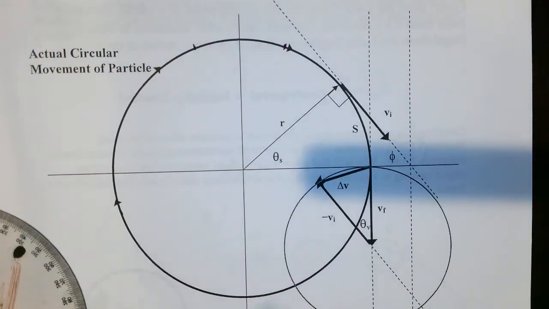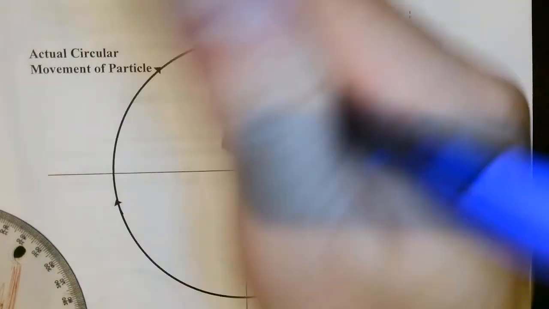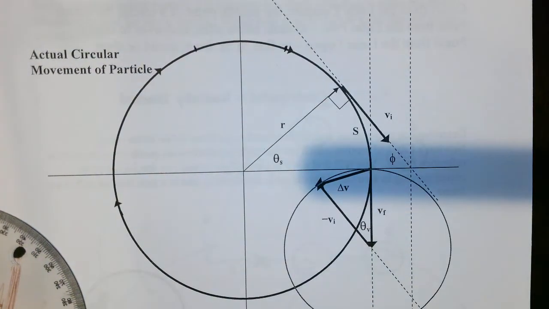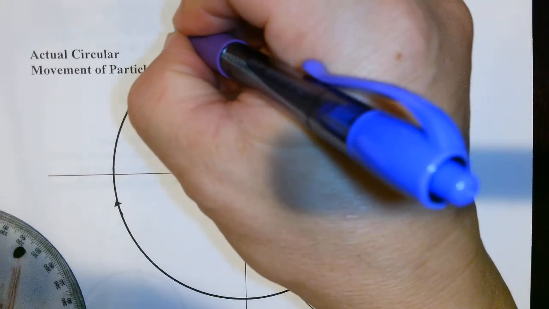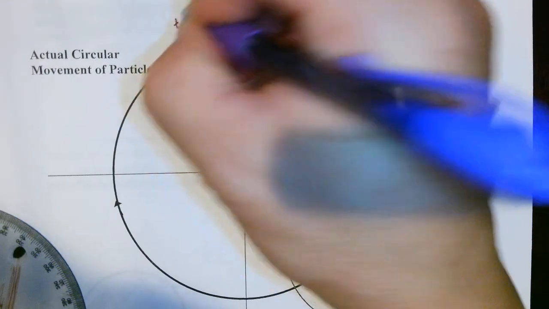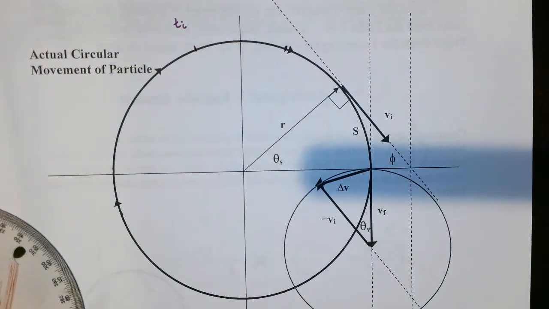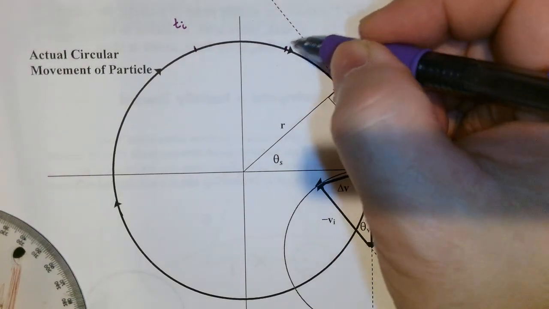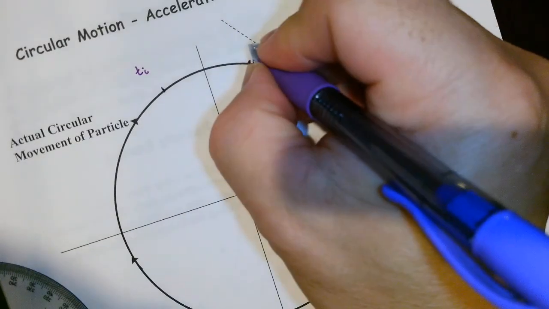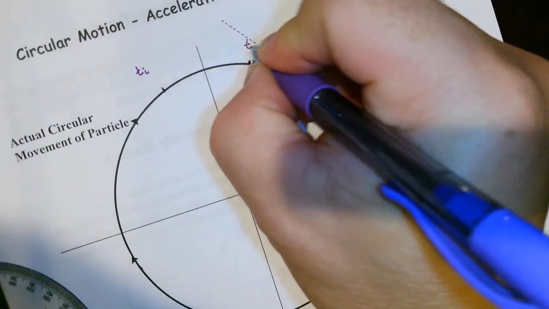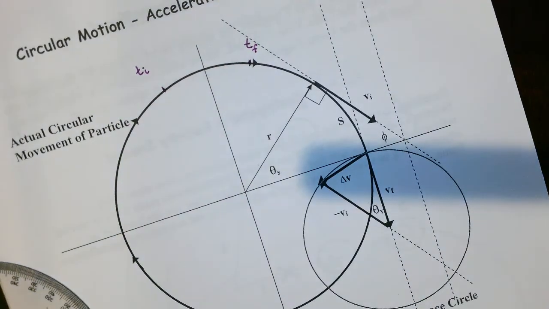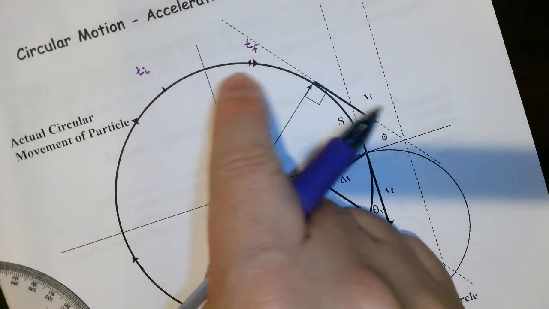if this thing is going in a circle, I'm going to look at this point right here as my initial starting point, the TI, and this right here is my TF, final time. So here's my initial, here's my final.